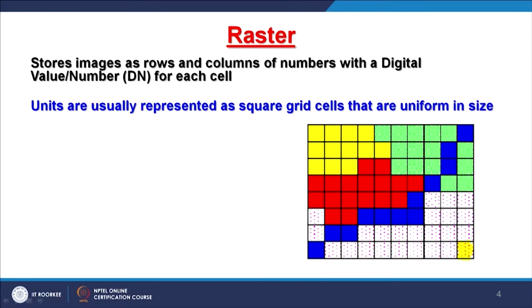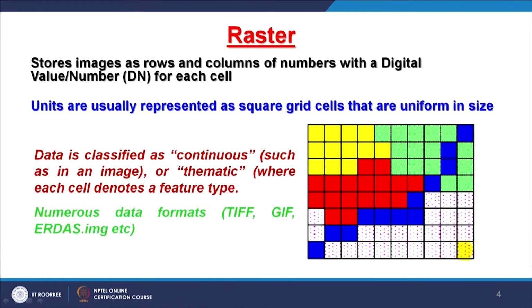As you also know, units in the raster are always square and uniform in size throughout the data file. There are various image formats also, and we also know that raster is continuous data, and that is why there are high chances of getting redundancy.